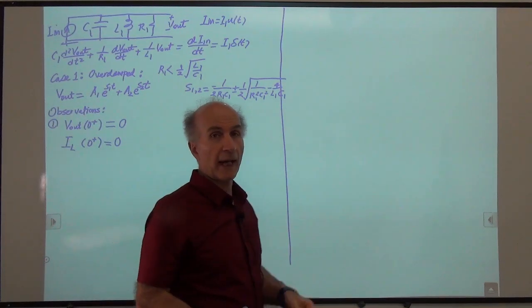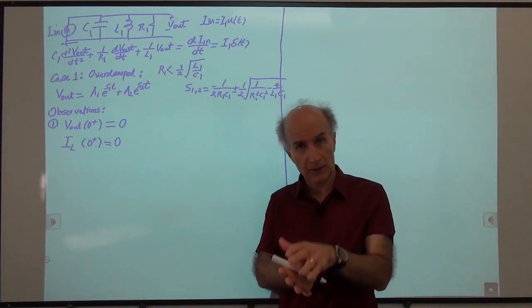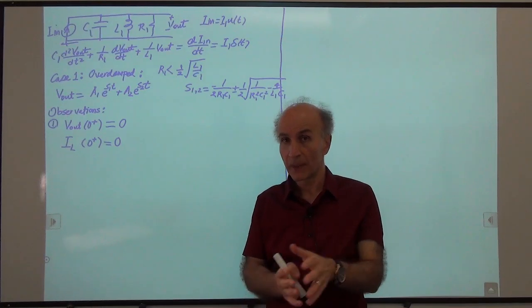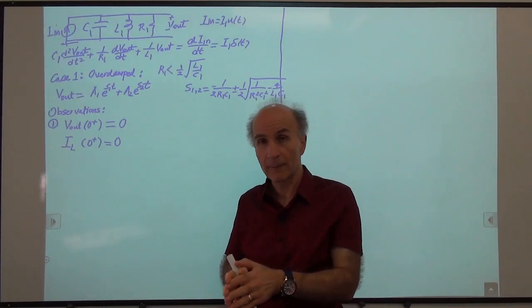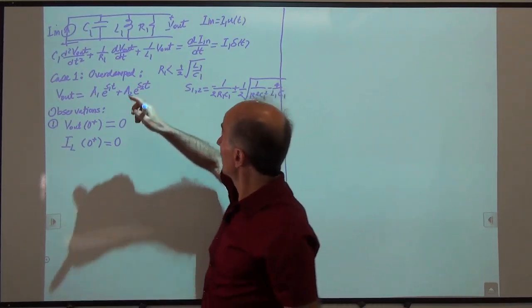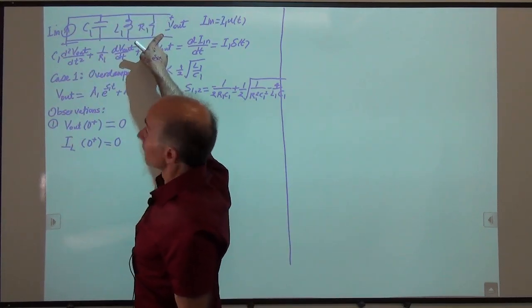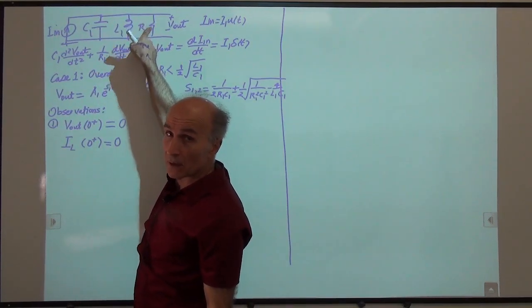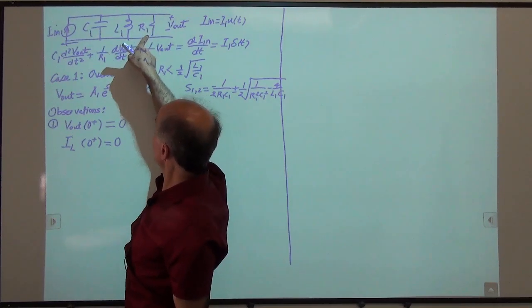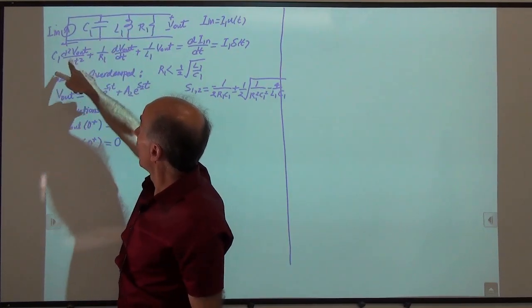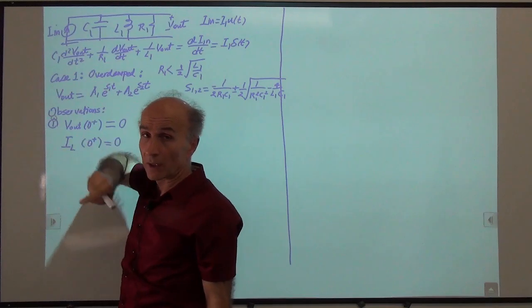right? V out at 0 plus happens to be the voltage of the capacitor. That voltage is 0. So at 0 plus, that means that given that this voltage is 0, then this current is 0. And given that this current is 0 and this current is 0, all of this current has to flow through C1.